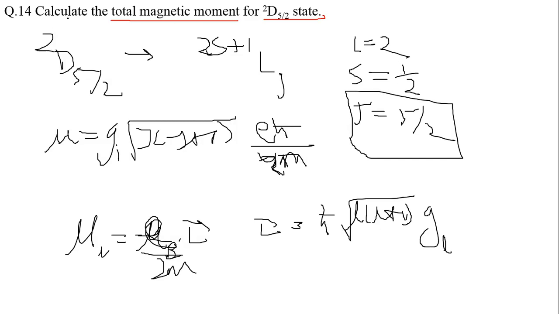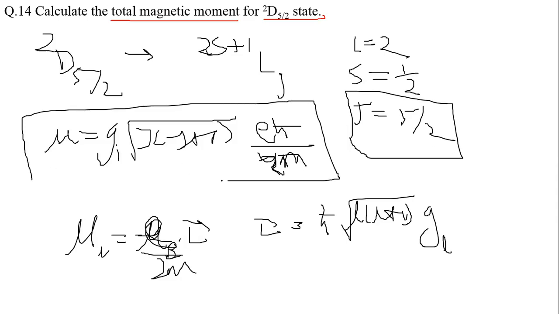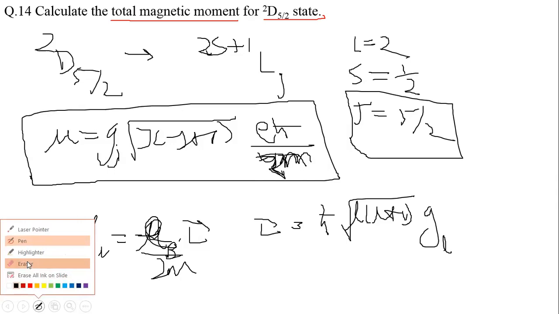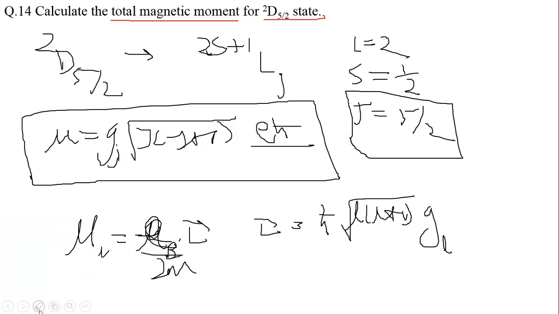Once again, because here it has been asked to calculate the total magnetic moment, we need the total angular momentum quantum number, which is 5 by 2, and the magnetic moment relation is g_J root of J into J plus 1 times eħ by 2m or eh by 4 pi m. So it is 2m. Let me write it more clearly: it is eħ by 2m, g_J, root of J into J plus 1.